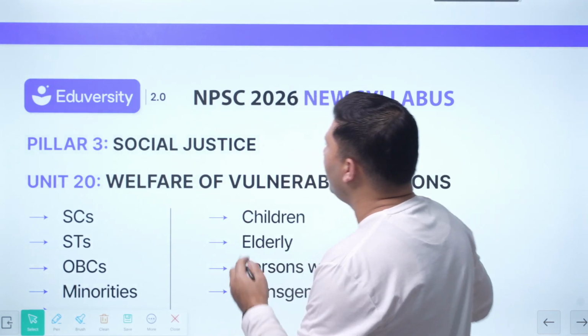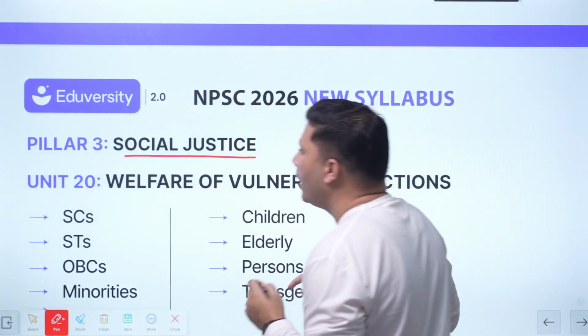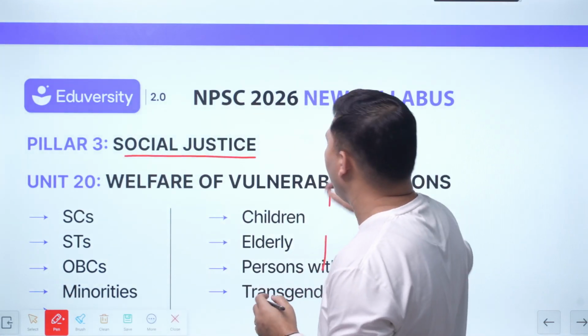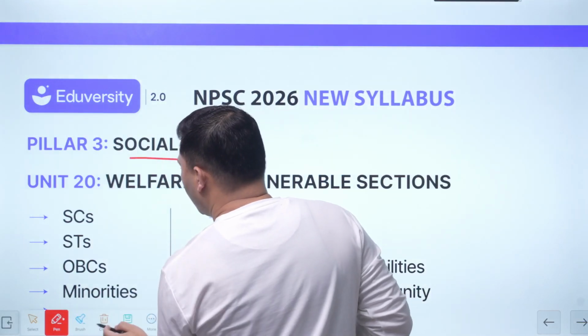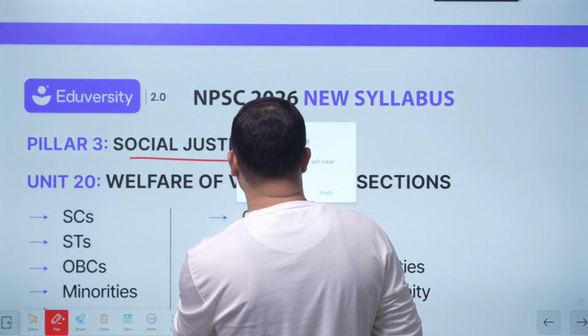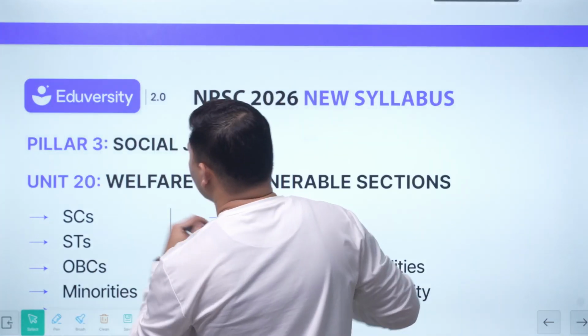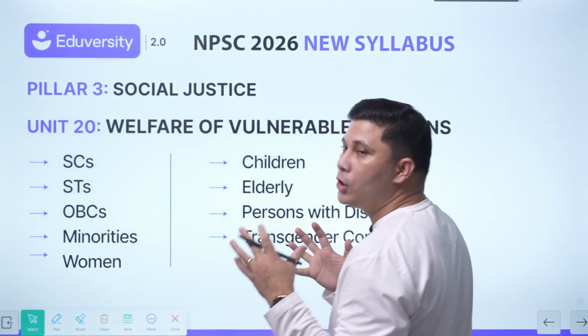So in pillar 3, that is the subject of social justice, you are going to study welfare. In subject 3, we have to study social justice.